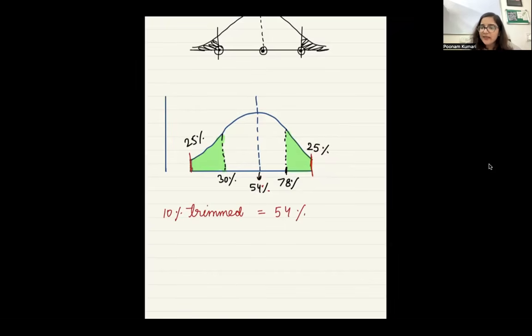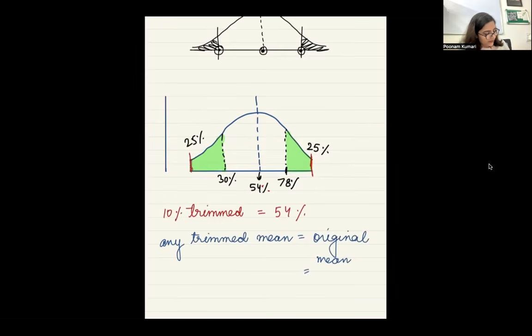That if my data is symmetric, whatever trimmed mean you ask me to find is going to be exactly equal to what? Original mean. Perfect. So any trimmed mean that you find will be equal to the original mean, meaning mean of all the data.